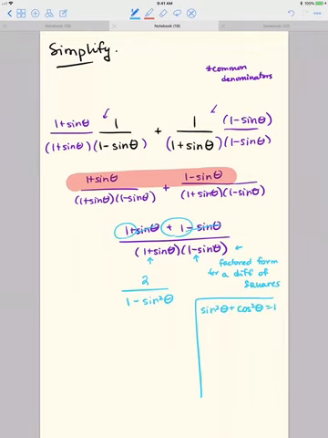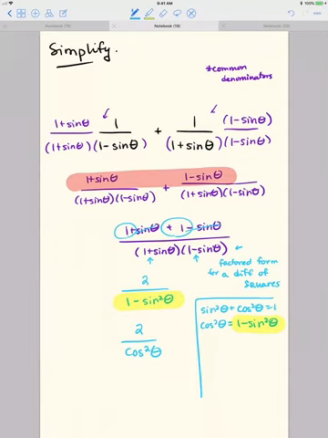And you can rewrite those in terms of sine or cosine in that cosine squared is 1 minus sine squared, which is exactly what we have going on in this problem. We have 1 minus sine squared, so I'm going to replace that with cosine squared, 2 over cosine squared theta, and I can't simplify the cosine squared any further.